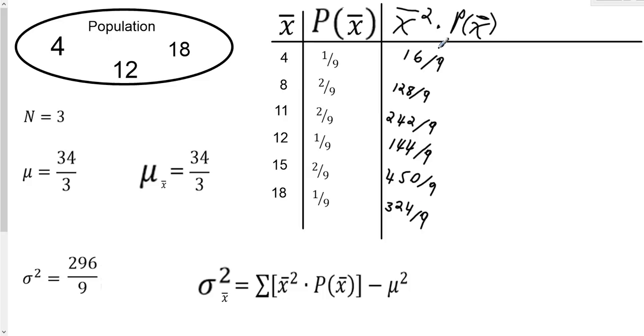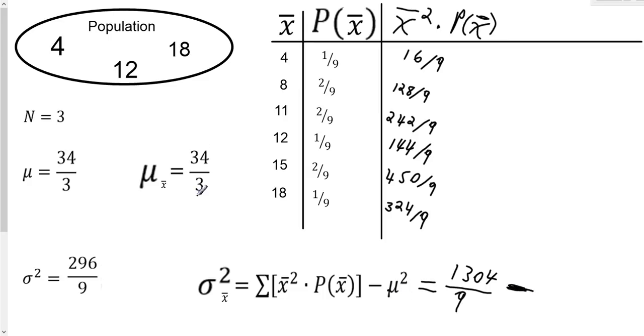So this is my x bar squared times p of x bar. I need to add all of those up. When I add all of those up, what I get is 1304 over 9. When I add up all of the x bar squared times p of x bar, I'm going to have to subtract from that mu squared.